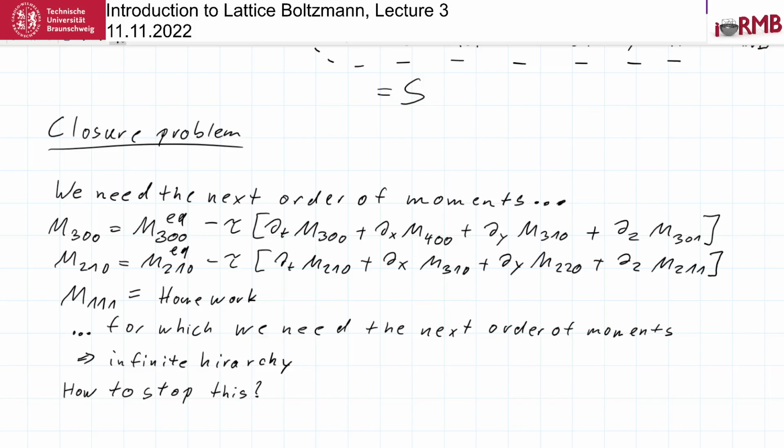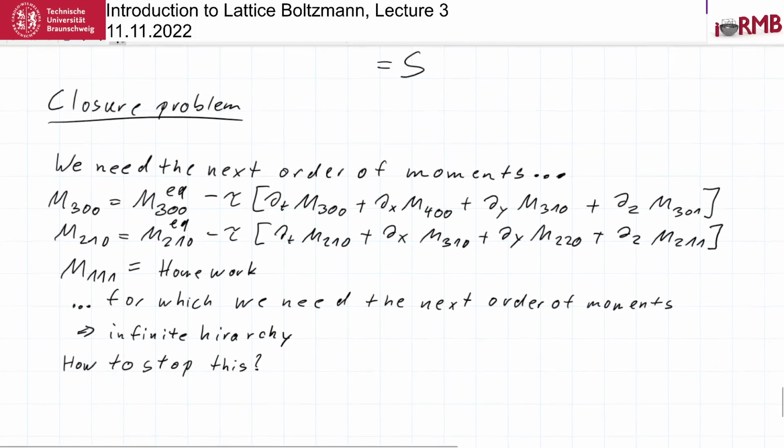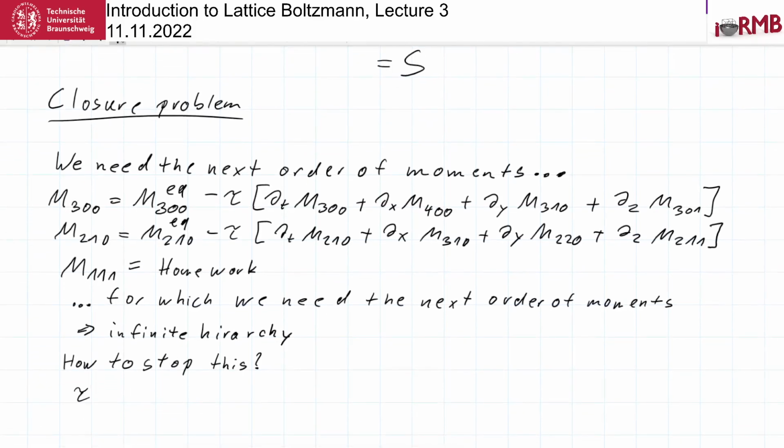Previously we said tau is supposed to be small, and we got the Euler equation by saying it is actually 0. Now the assumption is a little bit weaker. We say that tau is small, but not 0.